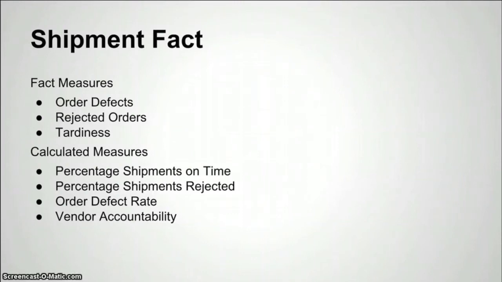We will have an order defect rate, which will be a calculation that starts with sorting by defect type. Then we will divide that particular count by the total defects. Our fourth, vendor accountability, will be a calculation of the total of all the days in the tardiness column divided by the total days in a year to see the average tardiness from a vendor in one year.